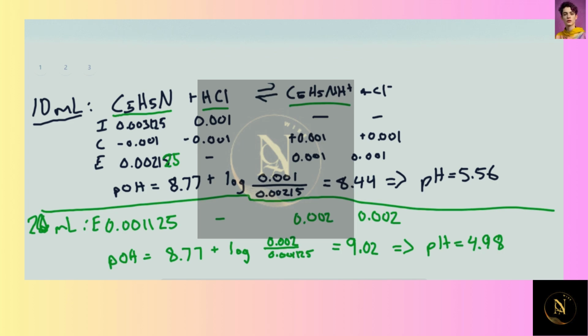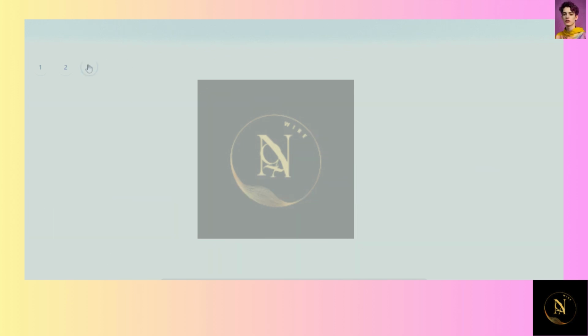So the next point that we'll work on is at equivalence. At equivalence, we need to look for the volume of acid, because we're going to need that for the titration plot at the end.